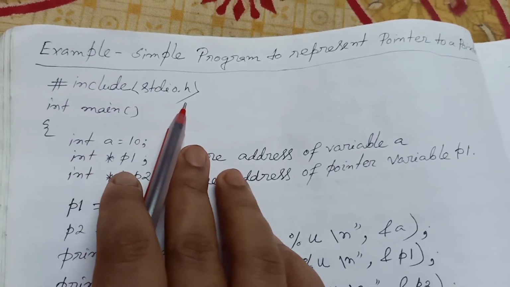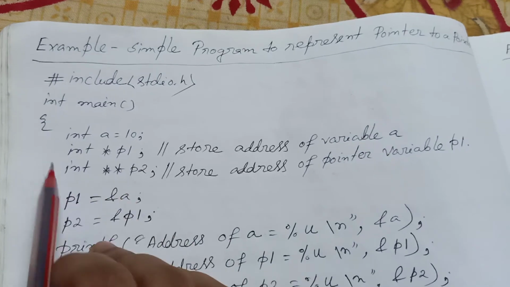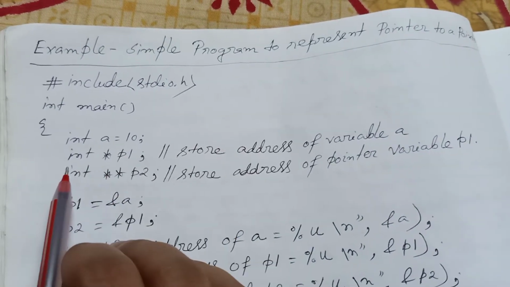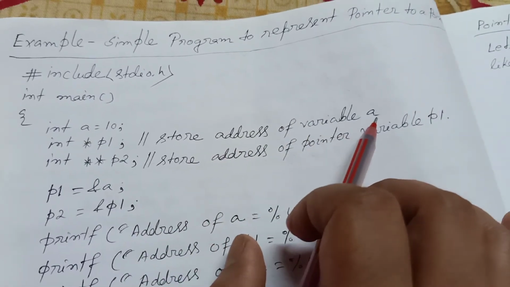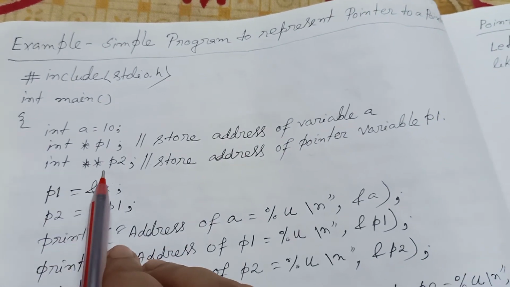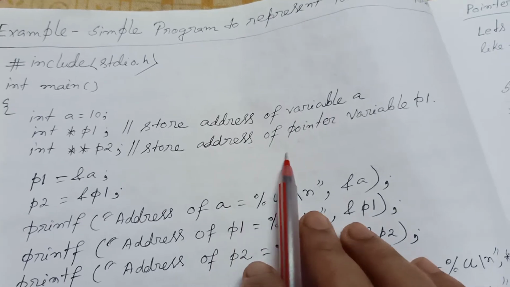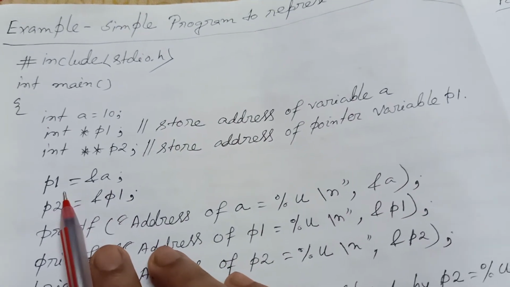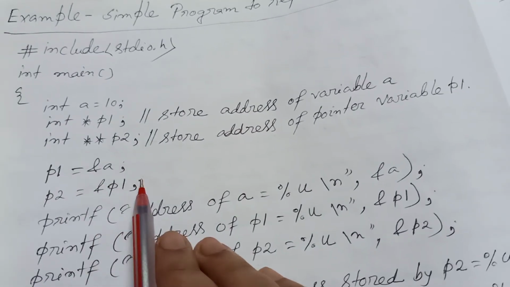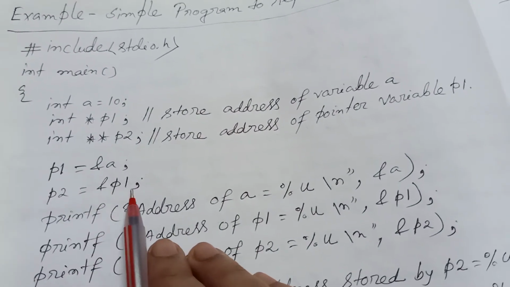So include stdio.h, int main, int a equal to 10, int pointer *p1 stores the address of variable a, int double pointer **p2 stores the address of pointer variable p1. Okay, now p1 equal to &a, p2 equal to &p1.